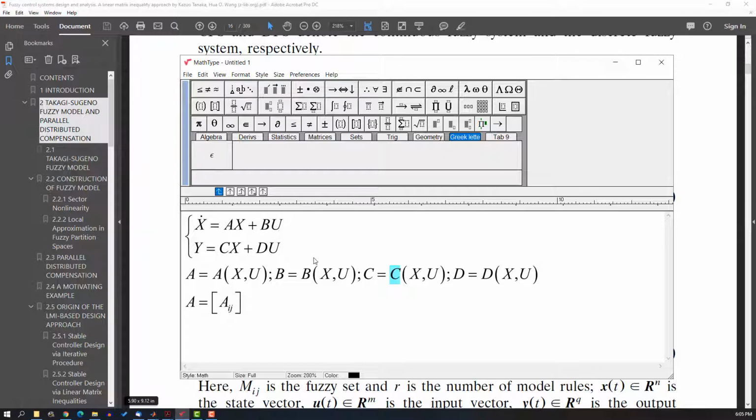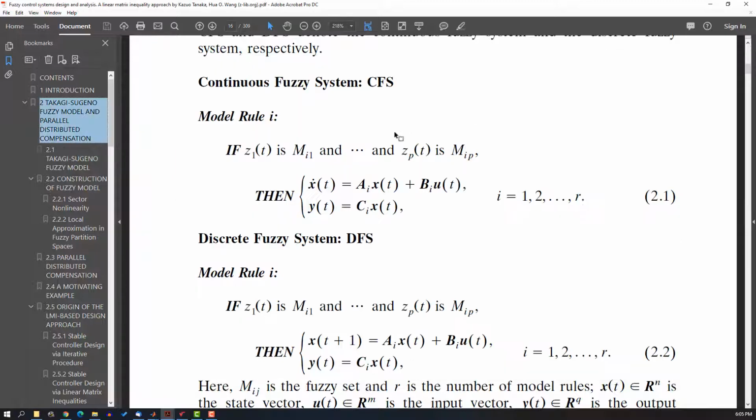So fuzzification is a methodology to convert this model with this matrix into a set of state-space systems.